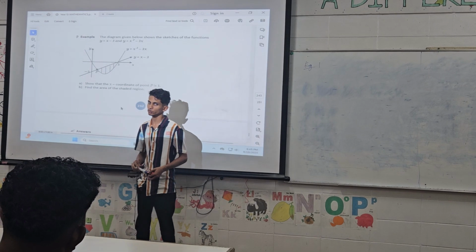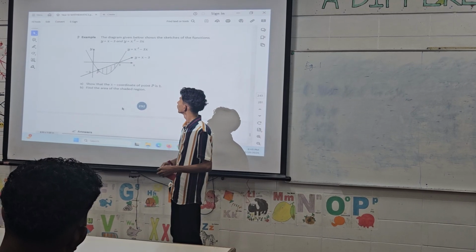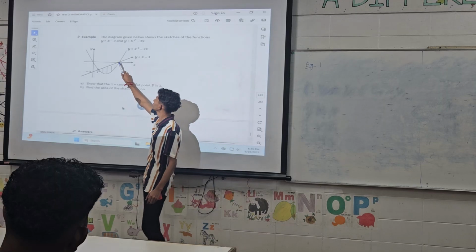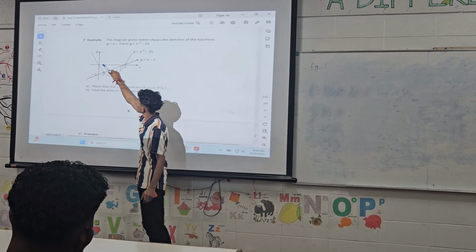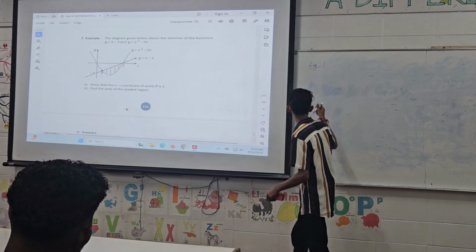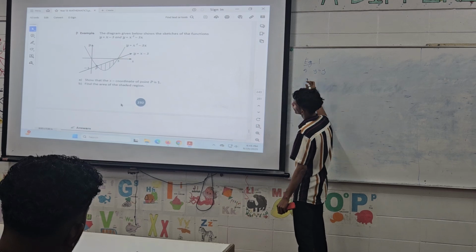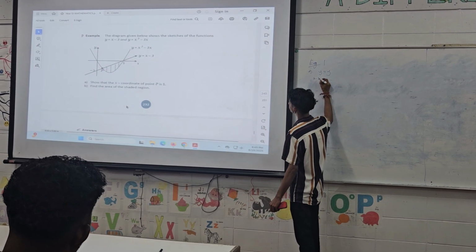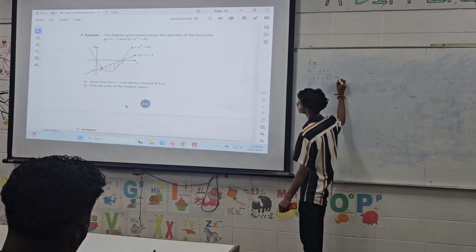How can we find the x coordinate? Yes, we have to make y equal to y. They have already given 3 as one coordinate, but we have to prove that at point P our other coordinate is 1. So to solve that we do y equals y. We take the first y as x minus 3 and the second y as x squared minus 3x.